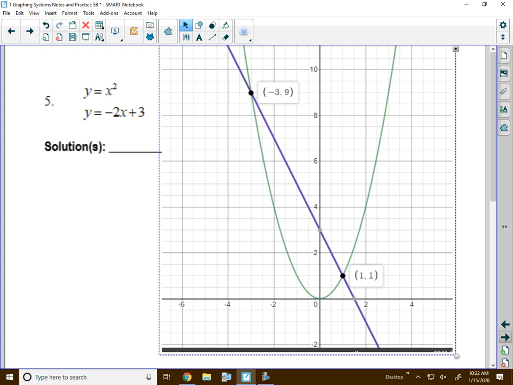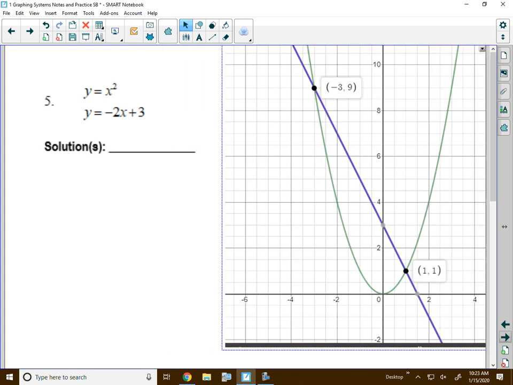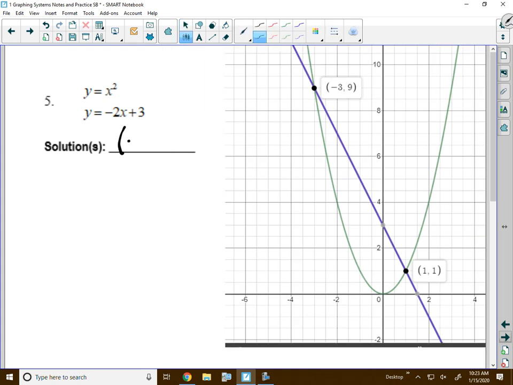And they intersect here and here? You're going to have 2 solutions. So when we write our solutions over here, we write both coordinate points, negative 3, 9, and 1, 1. If for some reason they didn't intersect, and the line missed the quadratic, you would just tell me no solutions.